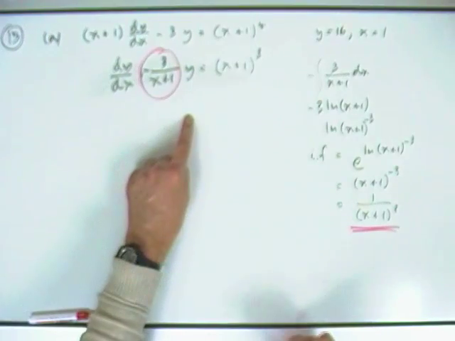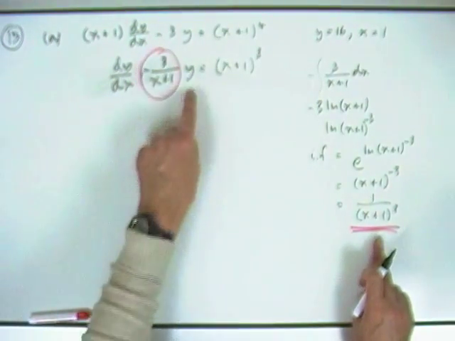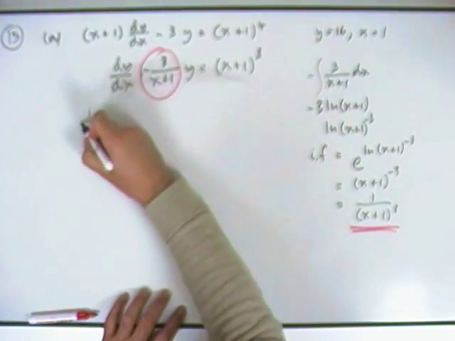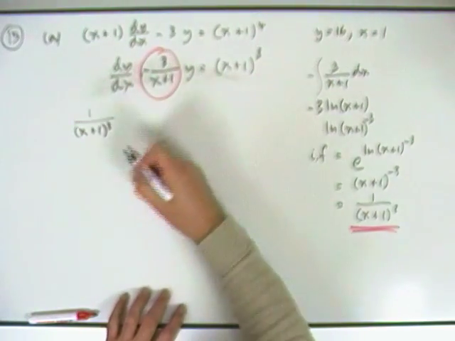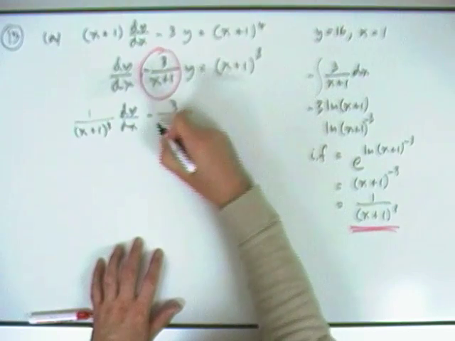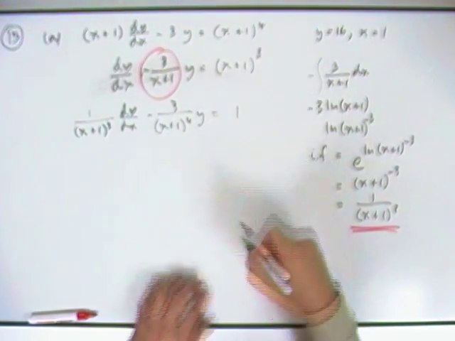You could state that formally, or you could just at this point say that would then go back to that times y. And I'll put it in just now. So what I've got then is, multiplying everything through, 1 over x plus 1 cubed, that dy by dx, minus 3 over that to the power 4 y equals, and that cancels out just to 1.